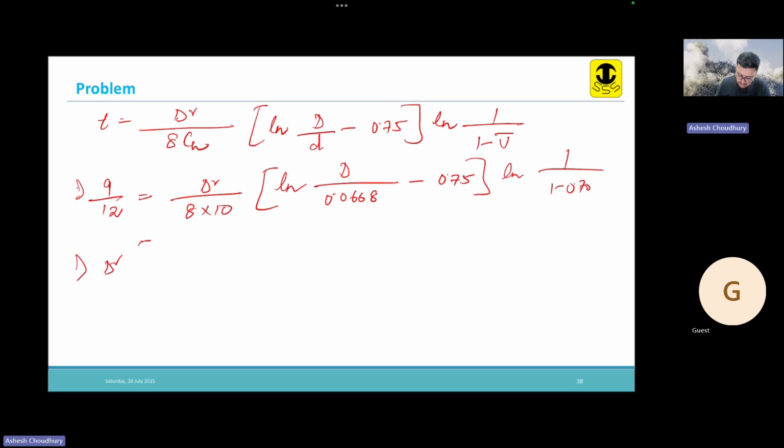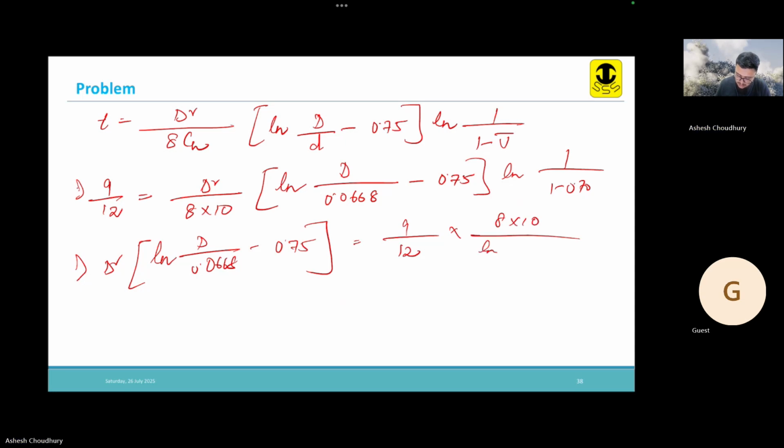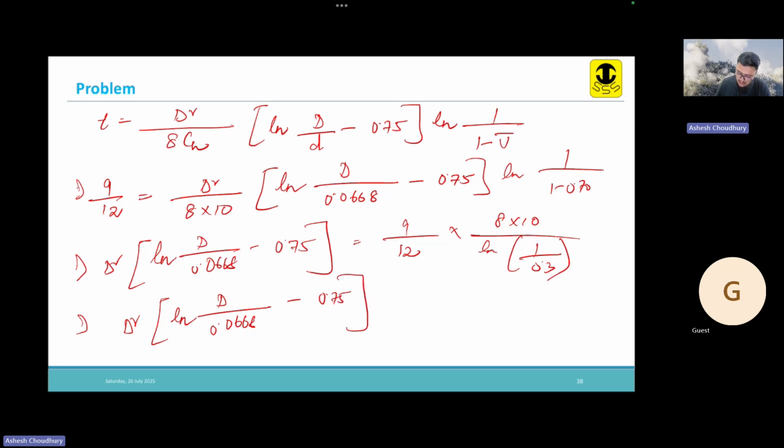From here, D square over [ln(D/0.0668) minus 0.75] equals 49.335. So from here you can get D as approximately 3.88 meters.